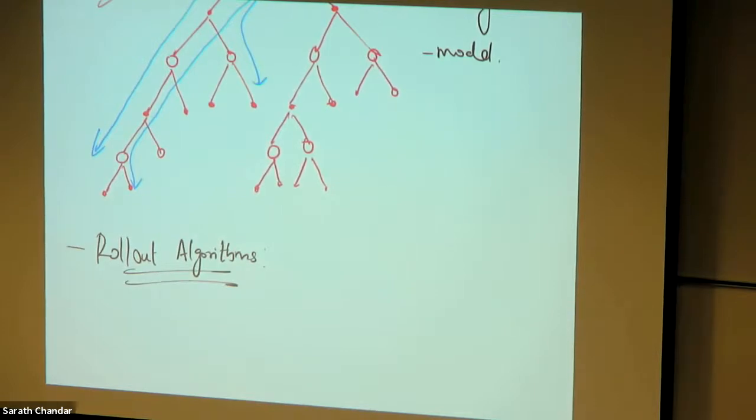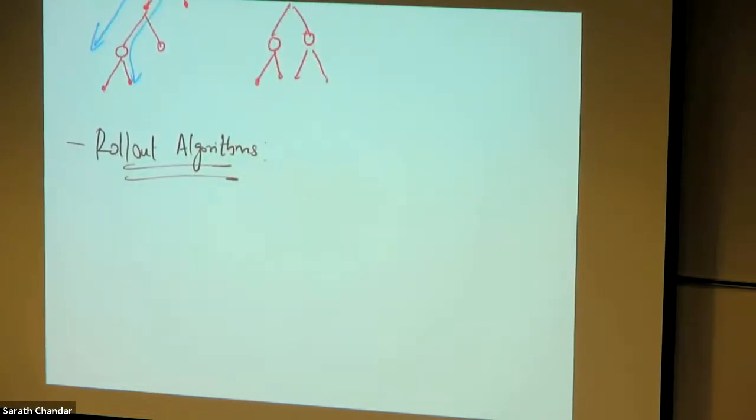Now let us say you just have access to sample models. One possible decision time planner is this. I start with the state. Let's say there are 5 possible actions.